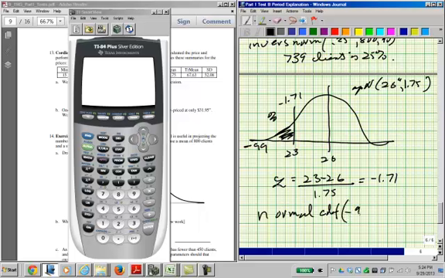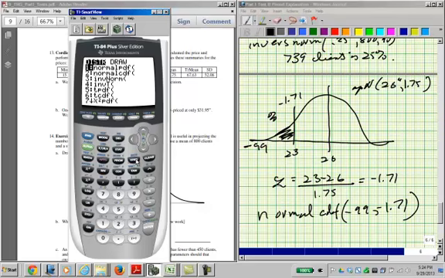So normal CDF from negative 99 to negative 1.71. Okay, about 4%. We'll call it 4.4%.